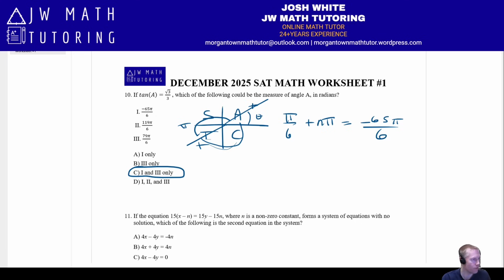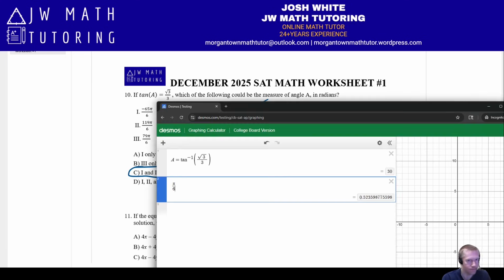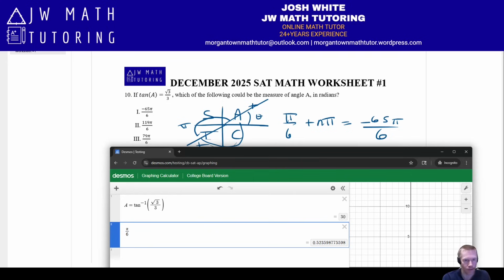So here's what you see happen. For angle number 1, we got pi over 6 plus n pi equals negative 65 pi over 6. Okay, n equals negative 11. That means it is equivalent to it because I took pi over 6 and I added an integer number of pi's, technically in the negative direction, to it.